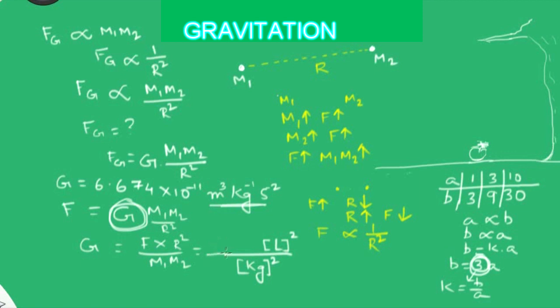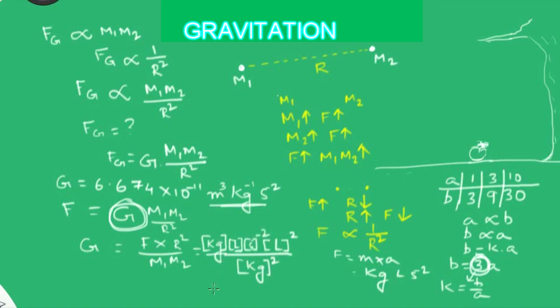And force, what will be the force? Again, I know force is equal to mass times acceleration. Mass means kg, acceleration is length per second square. I can directly put kg, one length and one per second square.